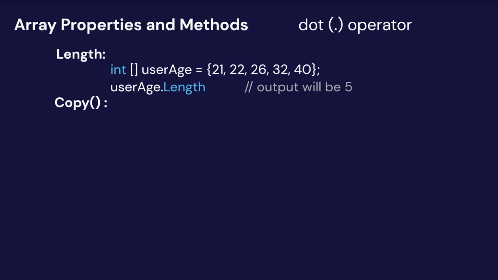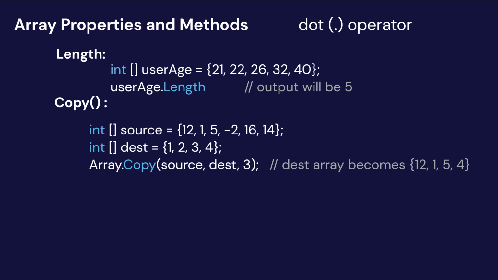The Copy method requires 3 arguments. Suppose you have int[] source = {12, 1, 5, -2, 16, 14} and int[] dest = {1, 2, 3, 4}. You can copy the first 3 elements of source into dest by using the statement Array.Copy(source, dest, 3).